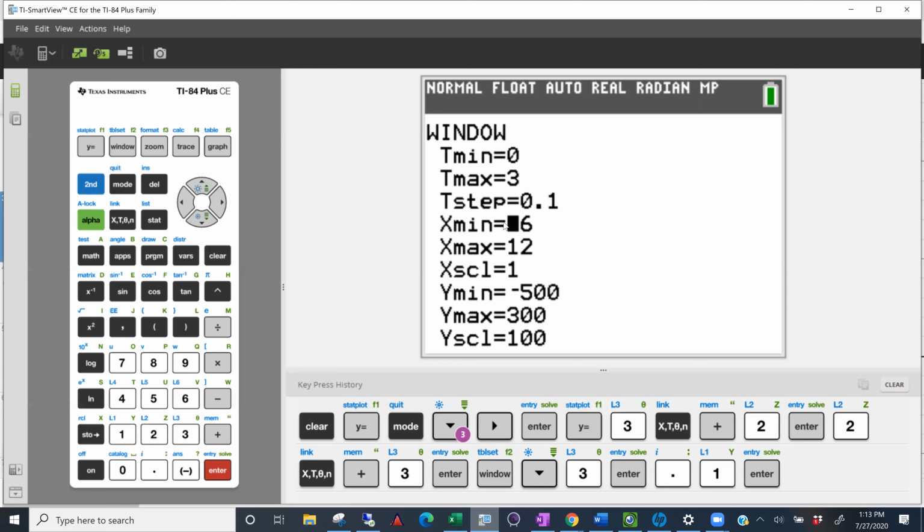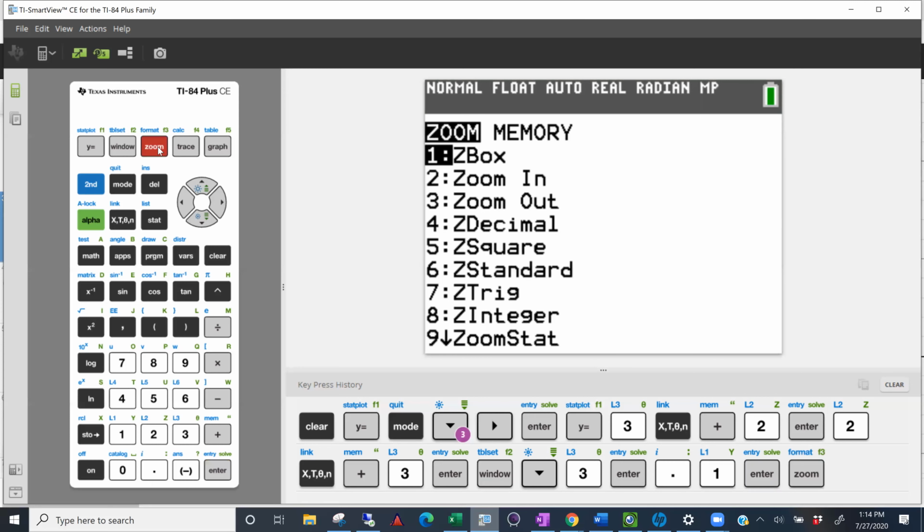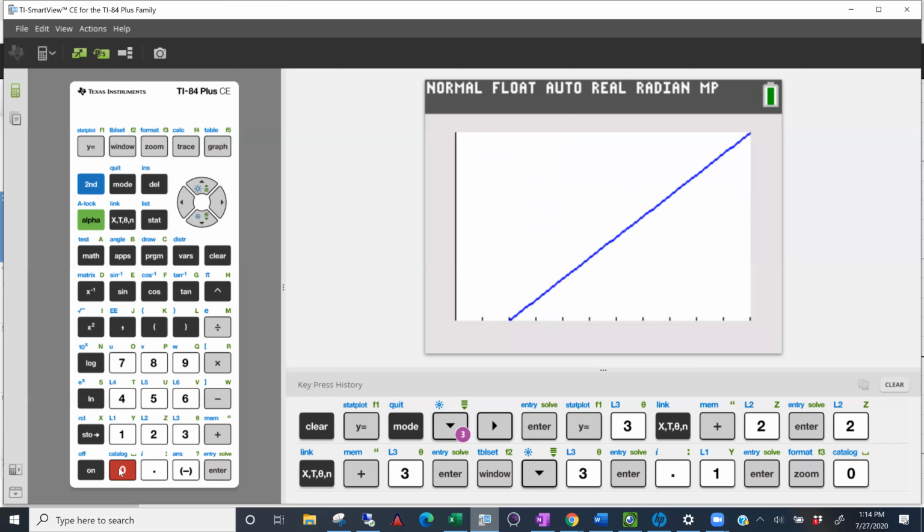Nor do I think I need my X values to be between -6 and 12. But here's the wonderful thing. You don't have to think. Once you have T-min, T-max, and T-step set, press the zoom key, and then 0, ZoomFit. And what's nice is that it's going to adjust everything for you from that point.